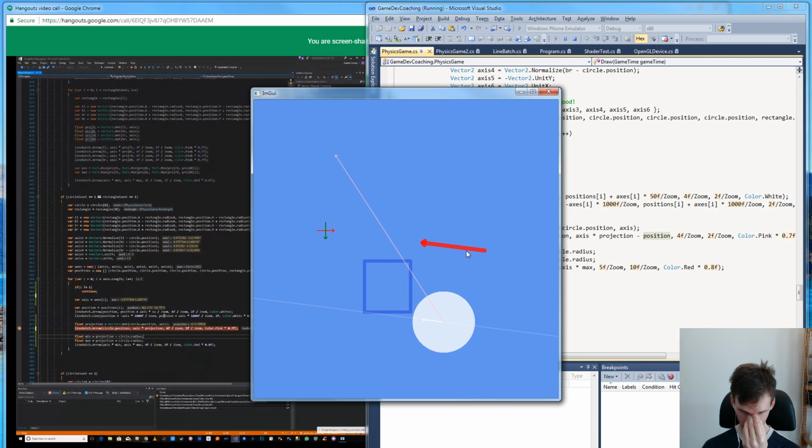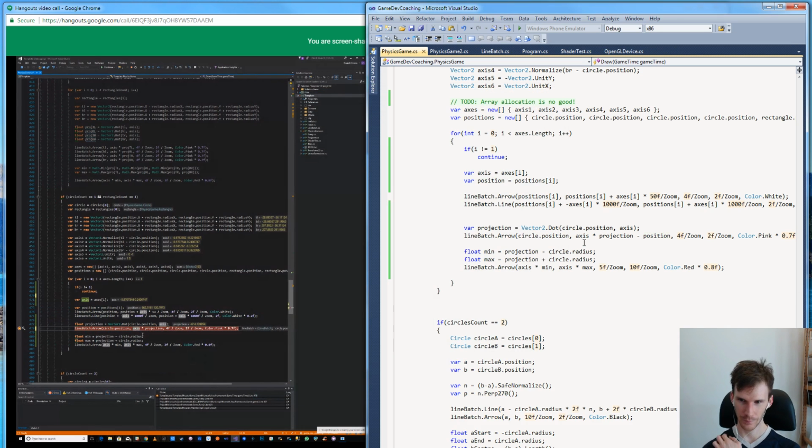I figure we already got rid of the extra distance when we normalized it, so I think the direction's pointing upward, and maybe the dot product itself is wrong. Maybe the circle position should happen here.